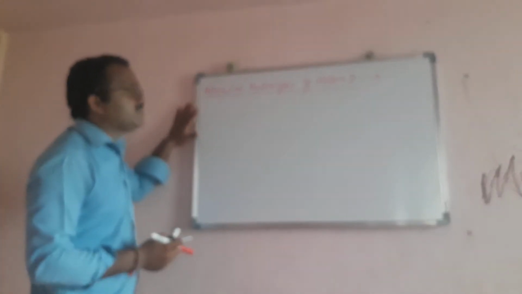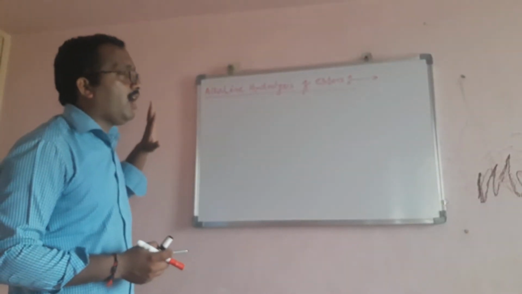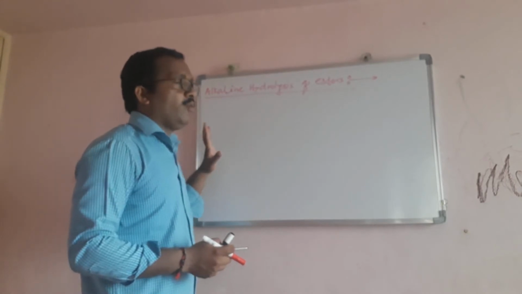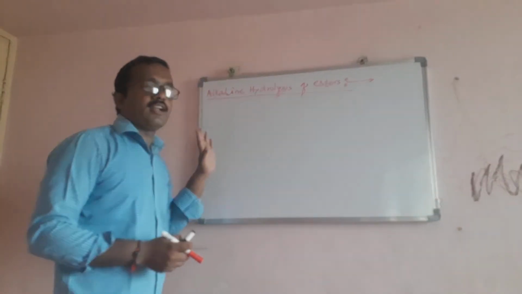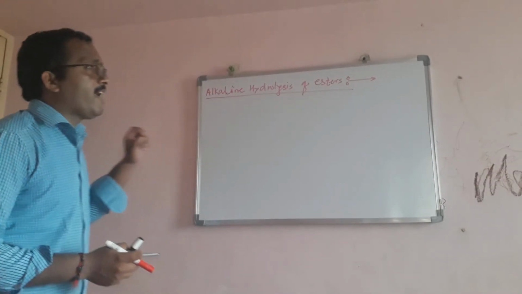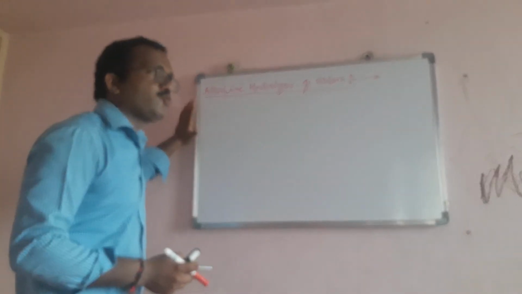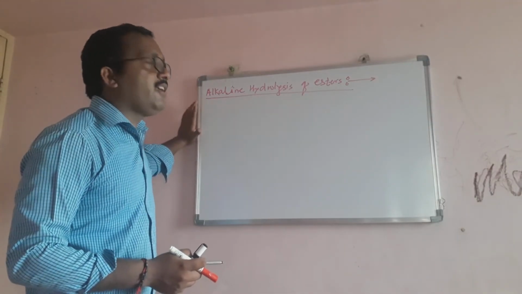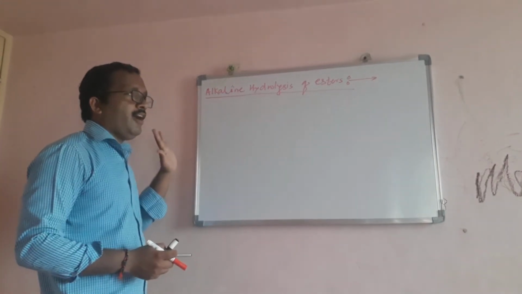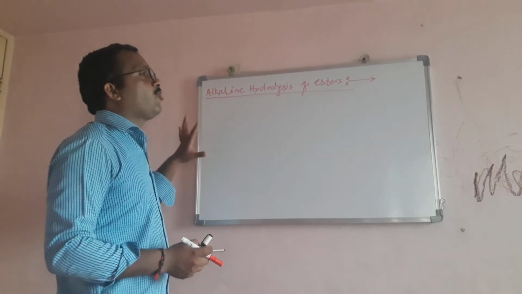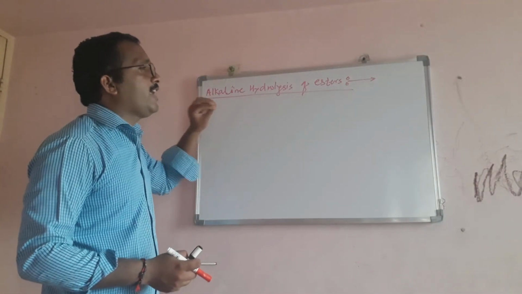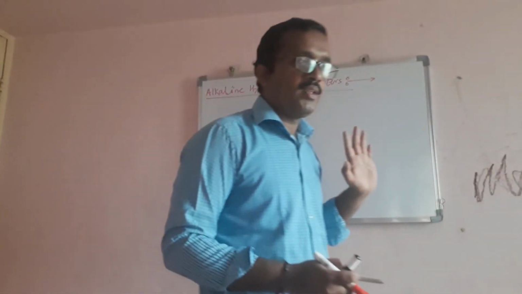When esters undergo alkaline hydrolysis with alkalis, which may be dilute NaOH or KOH, they give the corresponding water soluble salt, and this water soluble salt is acidified in the presence of concentrated HCl to give the corresponding carboxylic acid.